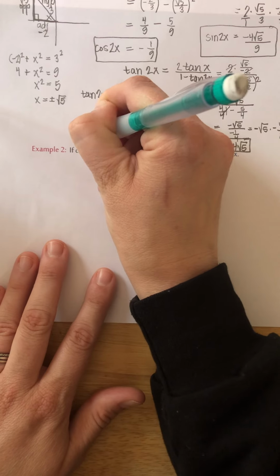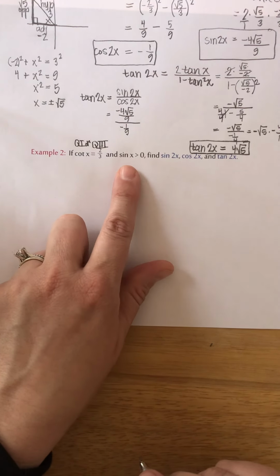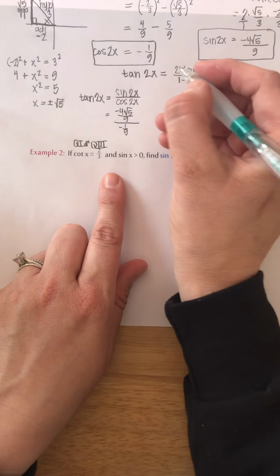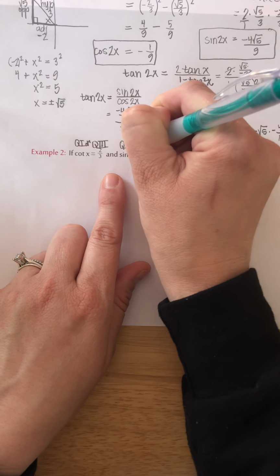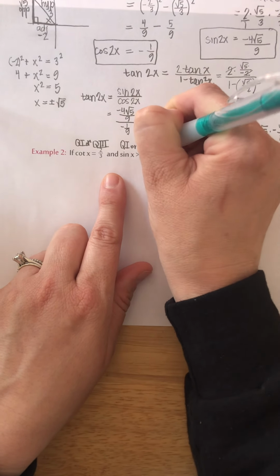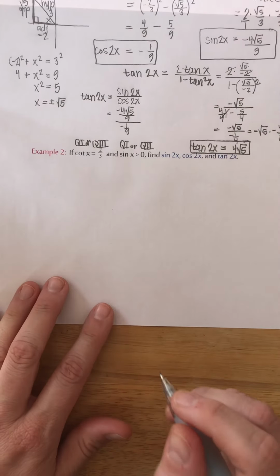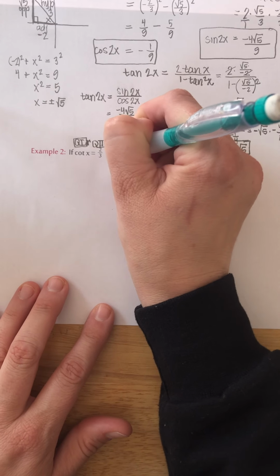So right now, those are my choices, quadrant 1 or quadrant 3. Then we have sine of x being greater than 0. Well, that means positive. Everything's positive in quadrant 1, and sine is positive also in quadrant 2. So where do these things overlap? They both have quadrant 1 in common, so that's where we're going to draw our picture.